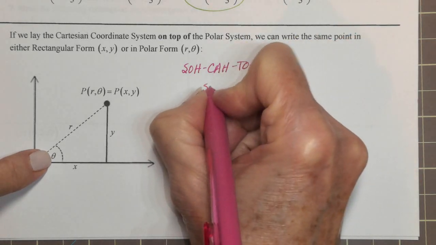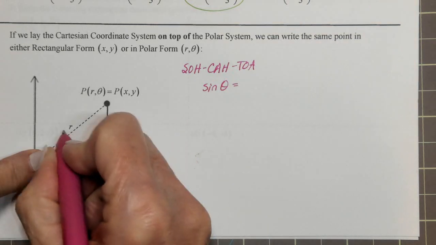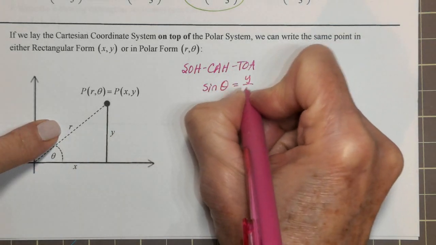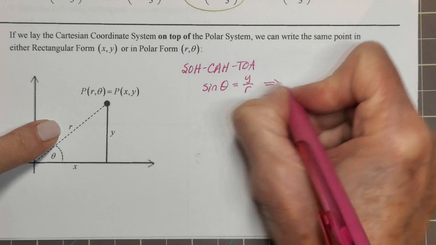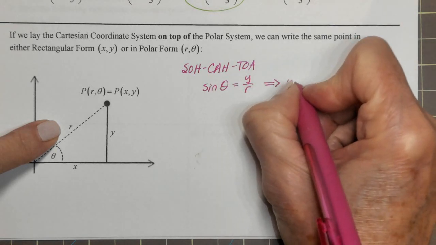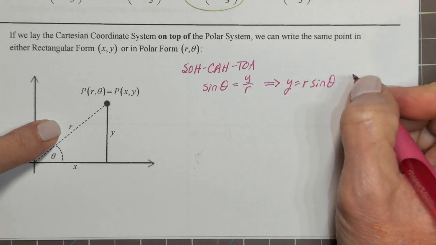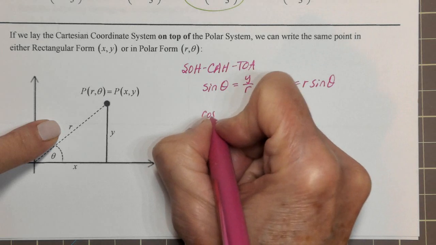Sine of theta. Sine of theta is opposite over hypotenuse, y over r, and that means if I solve this for y, I'm multiplying both sides by the r, y is r sine theta. Cosine of theta.